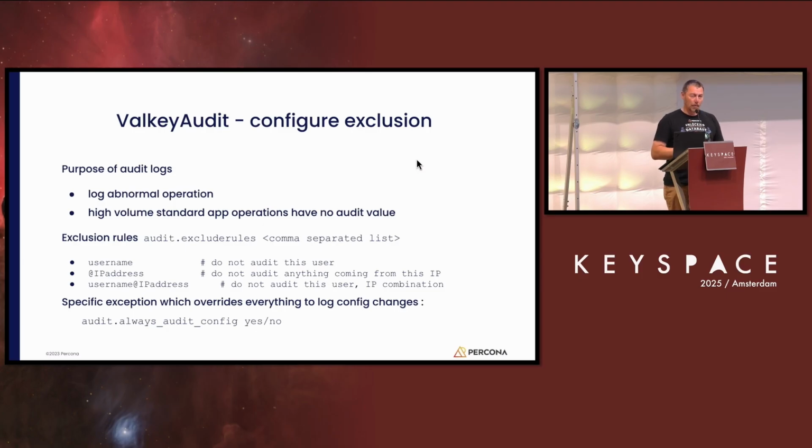But you're still interested if someone fires a config command from there, because you are only expecting things like gets and sets and hsets and data operations. So there's kind of an exception override. What you can use is: exclude everything apart from config commands if they're coming from an application server. That's unusual behavior, so log it to the audit destination.